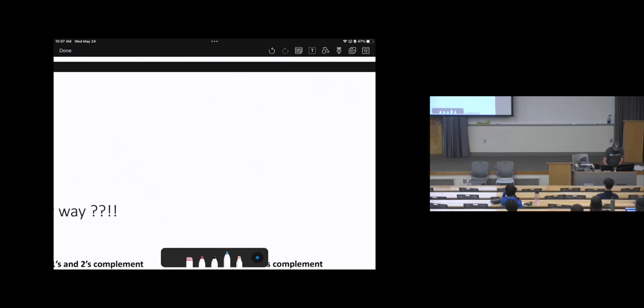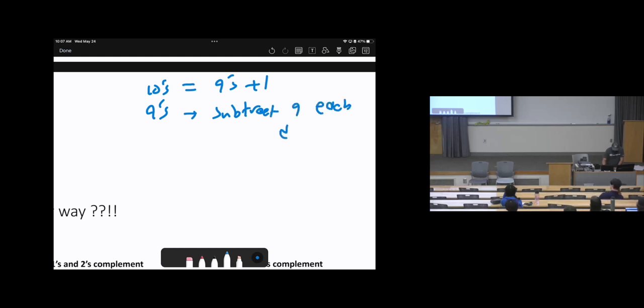So in summary, the 10's complement is basically the 9's complement plus 1. How to find the 9's complement? Subtract each digit from 9. The 2's complement is actually the 1's complement plus 1. How to find the 1's complement?